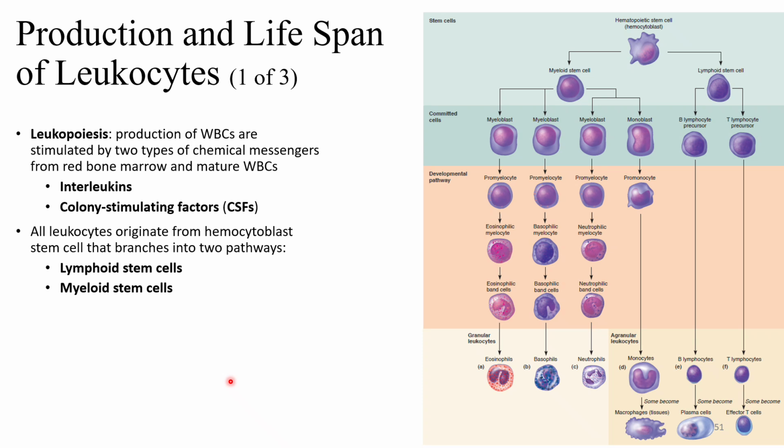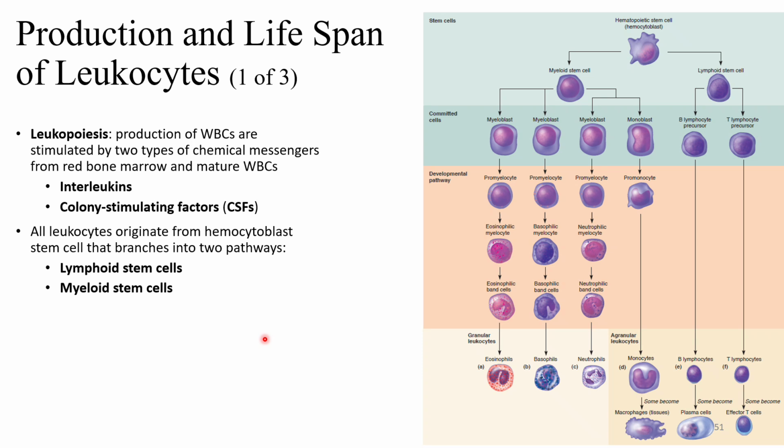Even the leukocytes come from the hemocytoblast. But this time, if the hemocytoblast is not stimulated by erythropoietin but by interleukins or colony stimulating factors, they are not going to become red blood cells. They will become white blood cells.